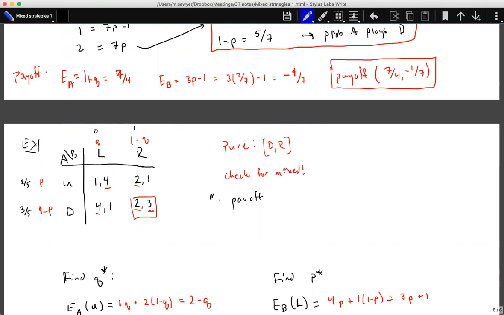So our expected payoff is 2 for A and 1/5 for B. So our mixed payoff is 2, 1/5. And our strategy is A would play P as 2/5 and B would play Q as 0.